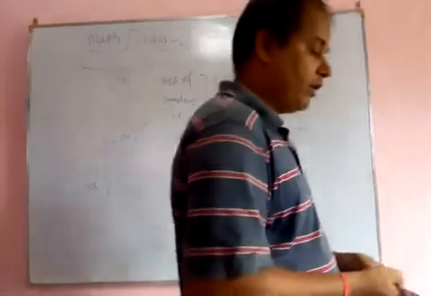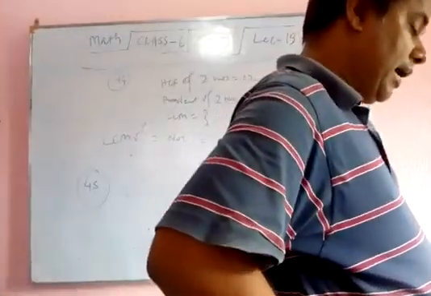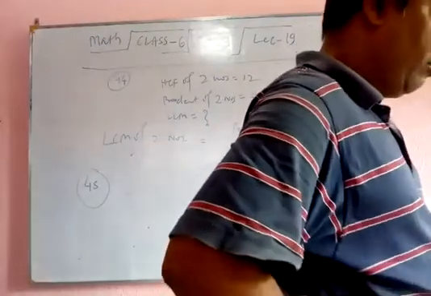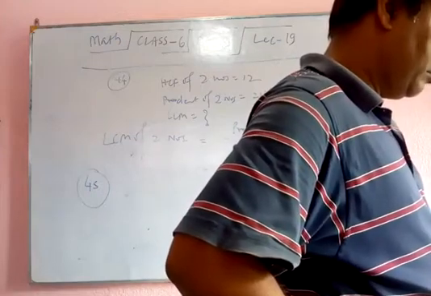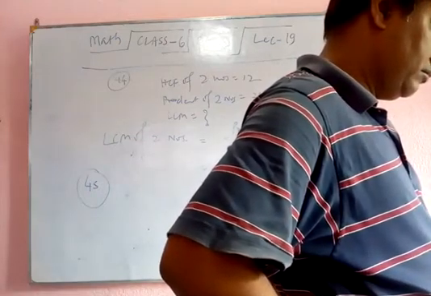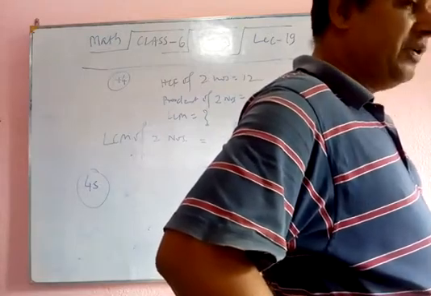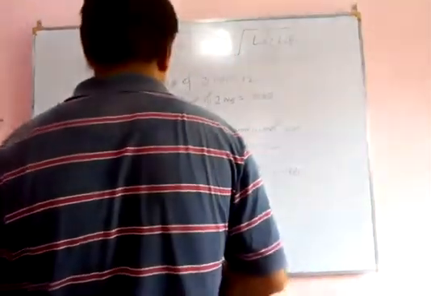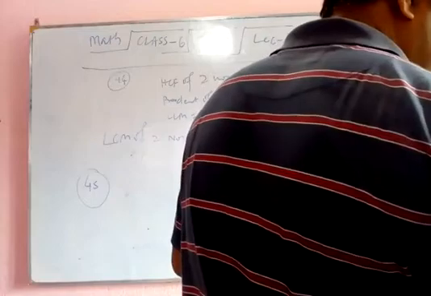Example number 45 is saying, can two numbers have 13 as their HCF and 1014 as their LCM? As we know, the LCM and HCF are given.